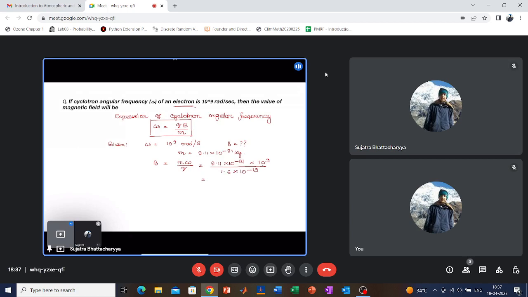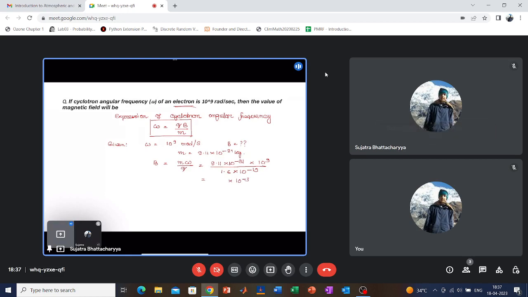The 10 to the power minus 31, the 19 and the plus 9 combine, so it is about 10 to the power minus 3, and this is 9.11 divided by 1.6.